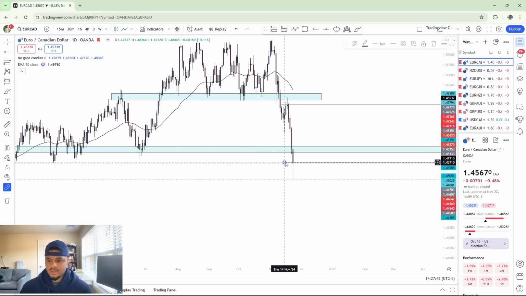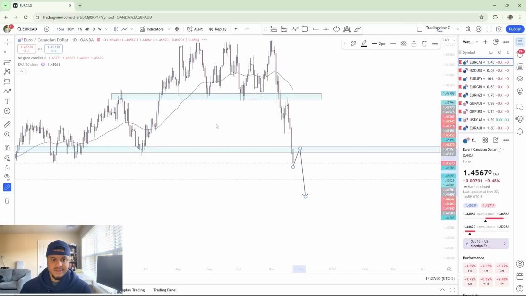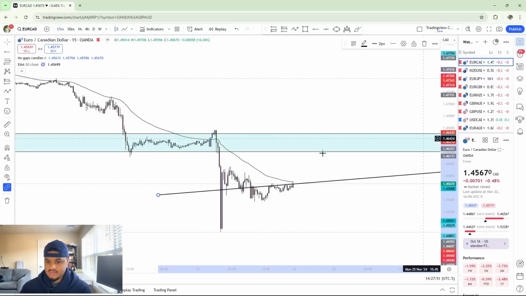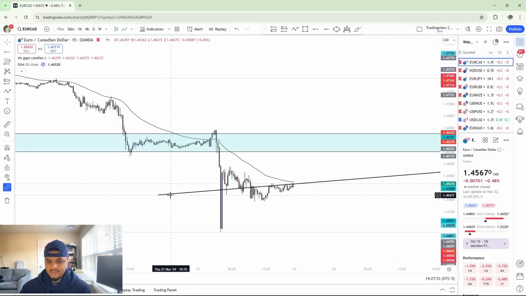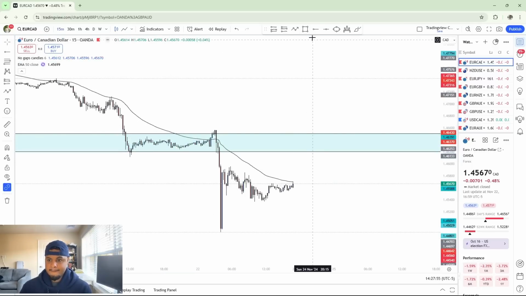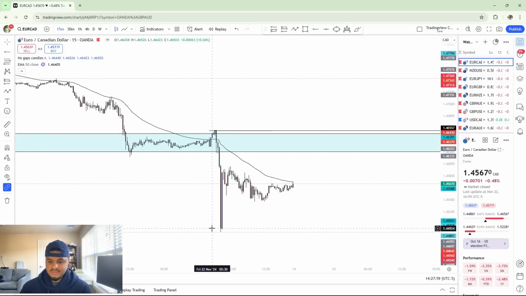So what I'll be looking for is for price to come back, retest it, wait for the lower time frames to go bullish. And in this case, we would have to take it on the 30 because this is how we are on the 15.